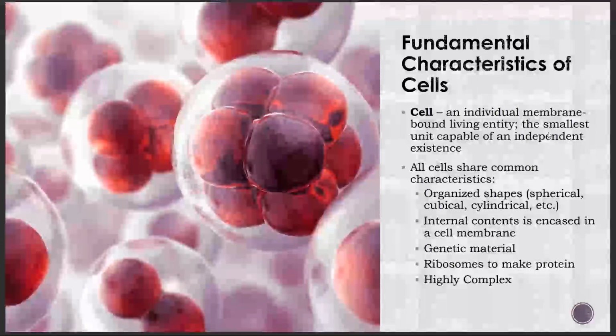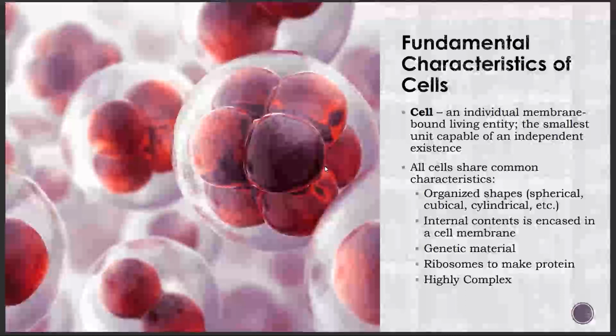Some fundamental characteristics of the cell are that it's an individual membrane-bound entity. So when we talk about a cell, it would need its individual membrane, its own discrete entity. It has to be living, going back to our last lecture, being able to reproduce, do its own metabolism, react to its environment.